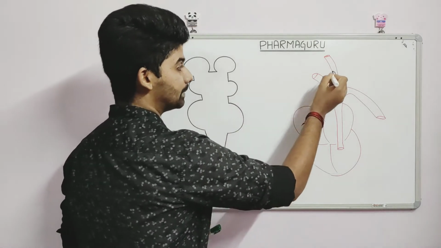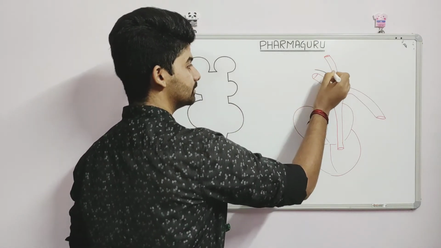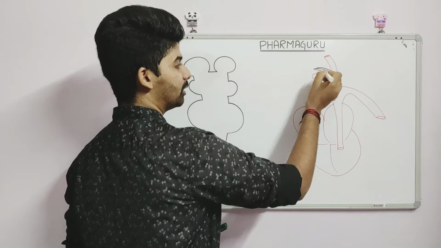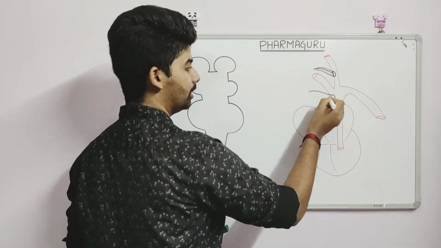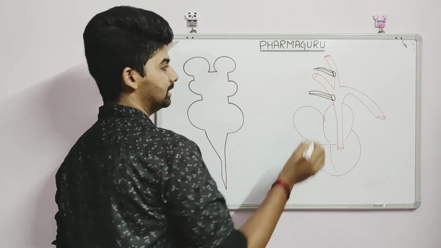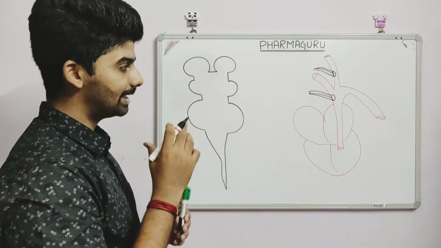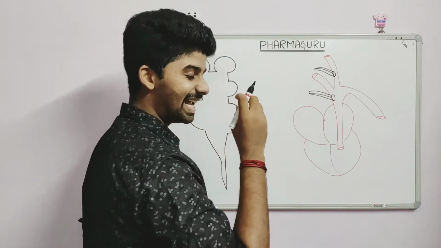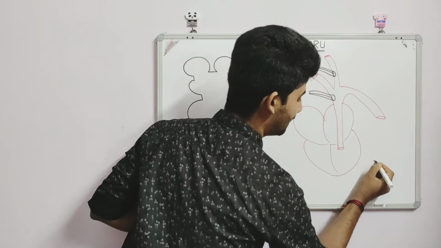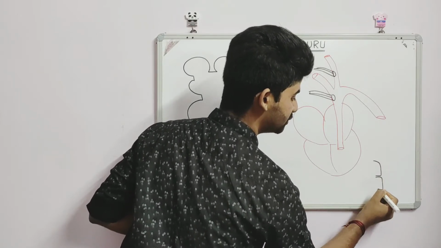These baroreceptors have certain neuronal connections. The endings of the neurons connected to the baroreceptors have certain channels, the sodium channels.